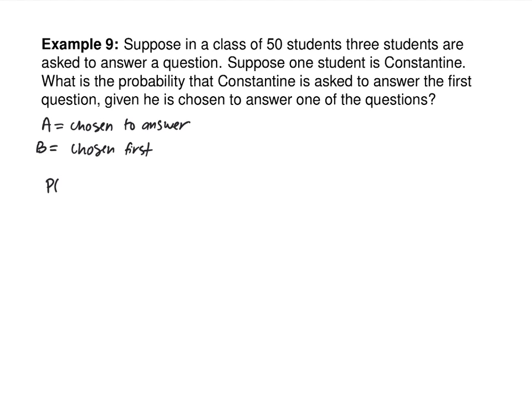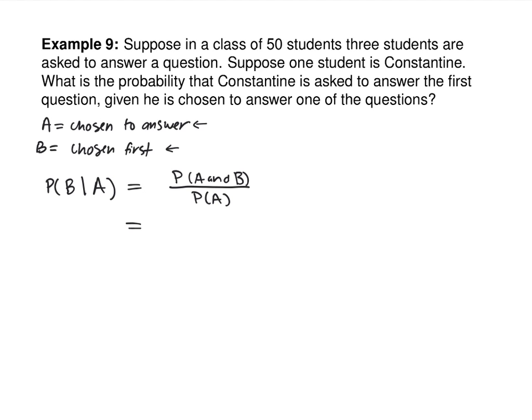So we want P of B given A. Does that make sense why I chose that direction? Because we're told he was chosen to answer a question, right? So that's P of A and B over P of A. P of A and B is that he's chosen to answer and he's chosen first.